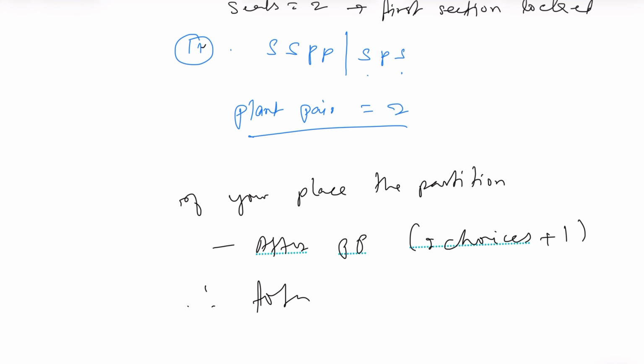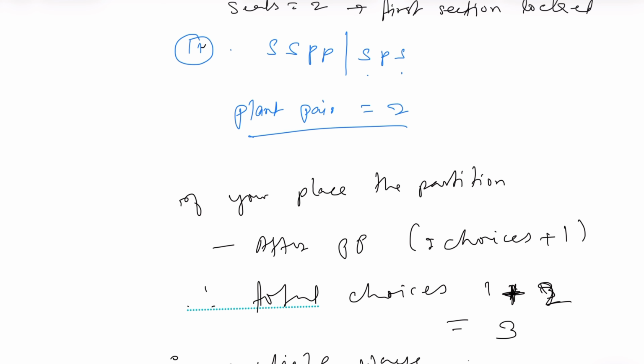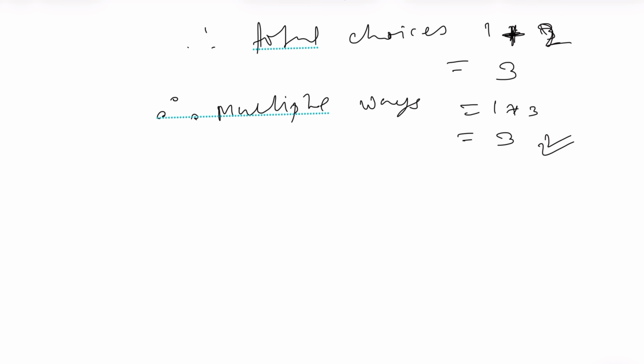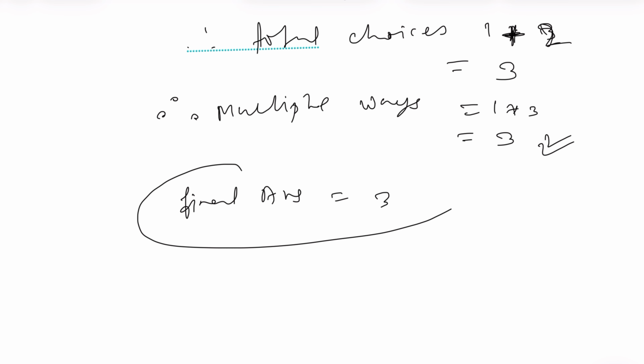That is why the total choices is 1 into 3, or 1 plus 2, equal to 3. And that is why the multiple ways, if you want to find, is 1 into 3, which is equal to 3. So in both cases the final answer should be 3. This is what we are trying to understand.